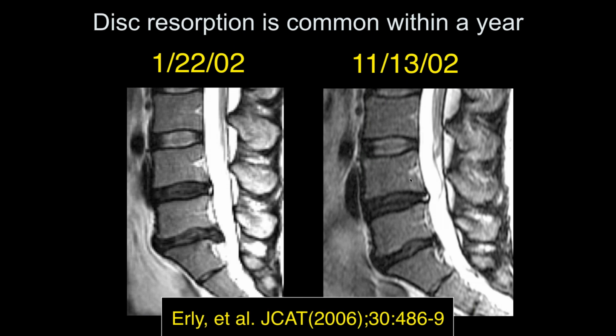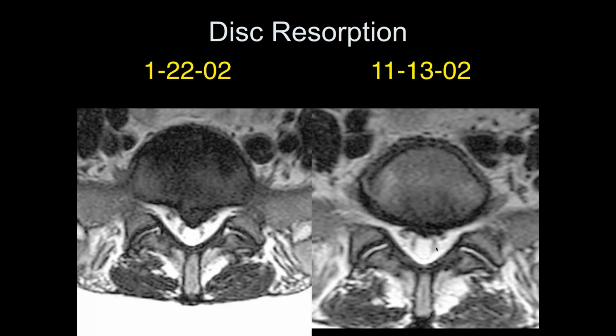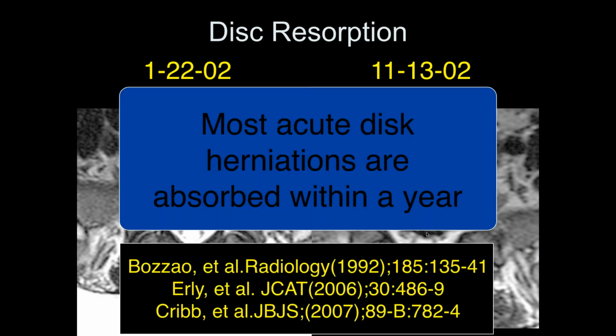What studies have shown is that it's very common for disc extrusions to resorb within a year. In fact, the vast majority of focal disc extrusions will almost completely resolve. Generally, the nuclear component, the gelatinous part, is completely resorbed by the body, usually within 9 months.